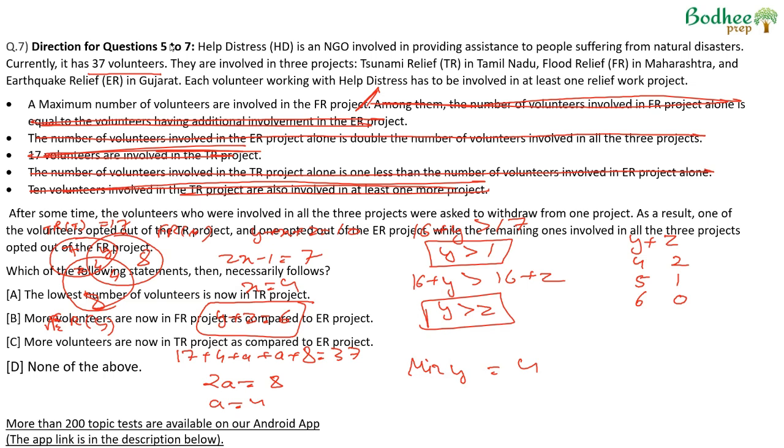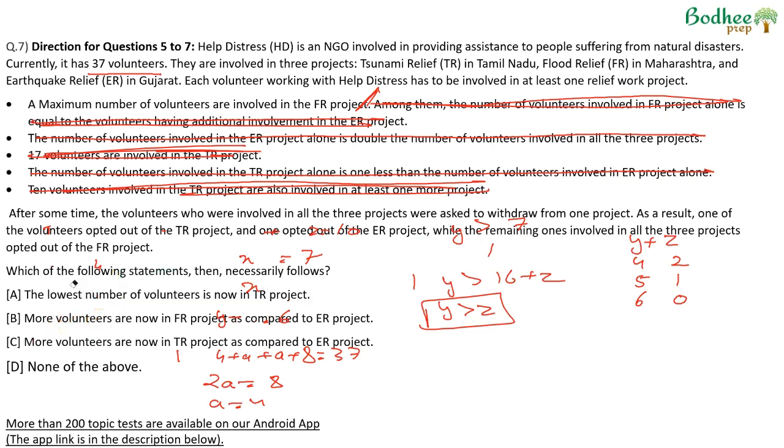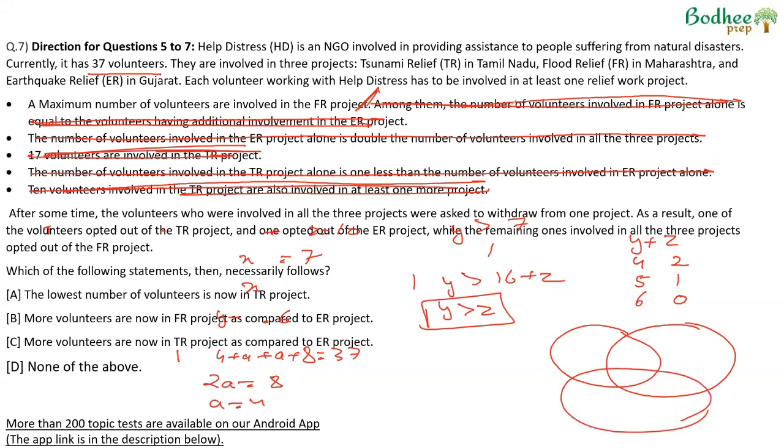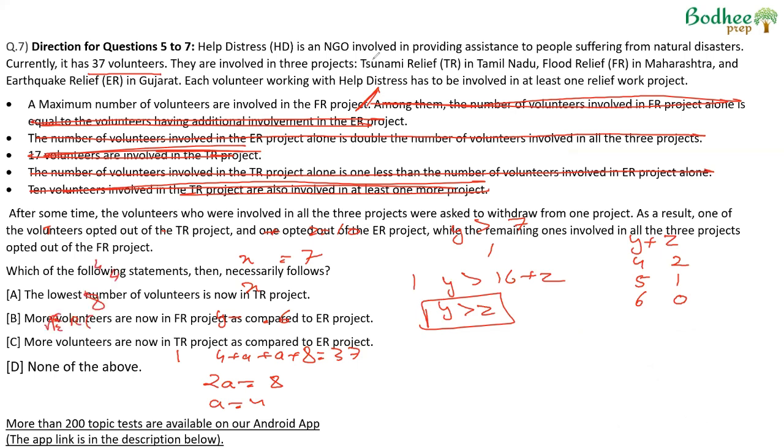What we do here is, I'm erasing the part that will not be required, the calculation part for the seventh question, and we'll just focus on the information that we had. So we had three circles, for TR. Just looking at the information again.